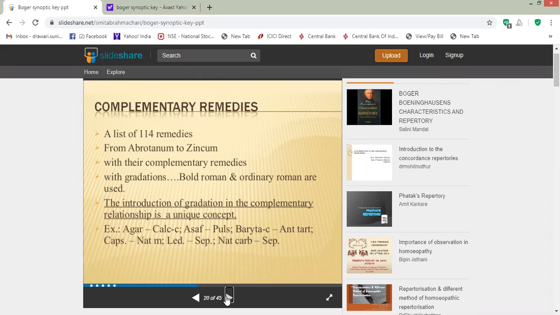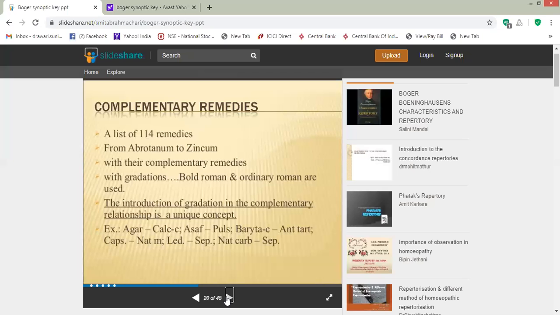Old Roman and ordinary Roman are used. So for complementary remedies there are two kinds of gradations, bold Roman and ordinary Roman.